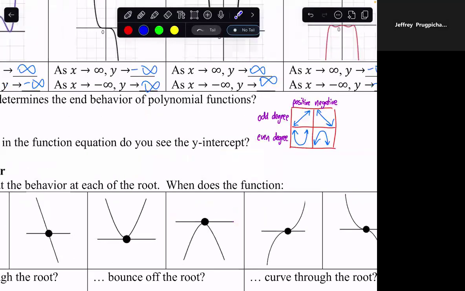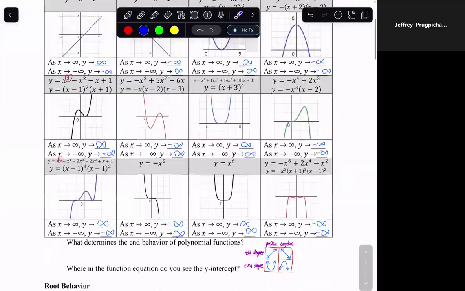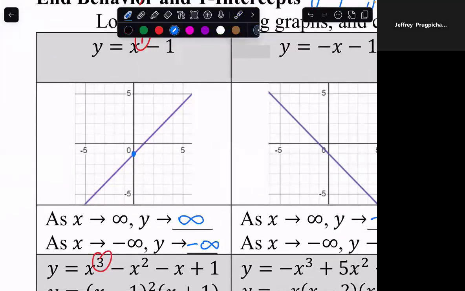Okay, and then in addition to the end behavior, we also want to understand the relationship of the equation to the y-intercept. Okay, so the y-intercept is where the graph crosses the y-axis. So here the y-intercept is -1.